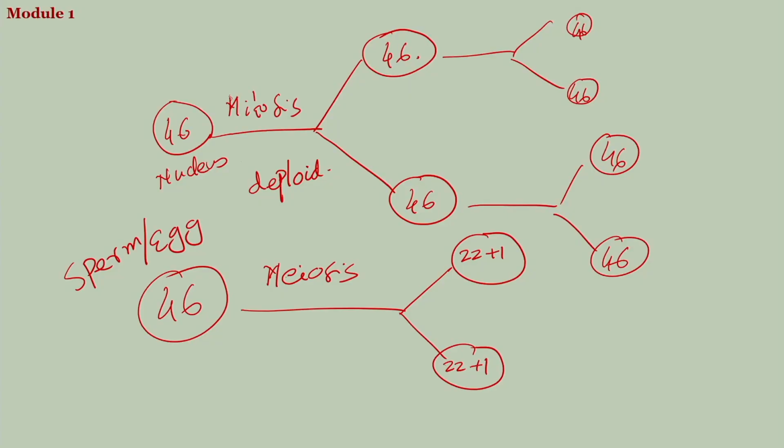These are the only exceptions where cell division is not full, not 46 to 46, cell division is haploid, 46 to 23 and 23.